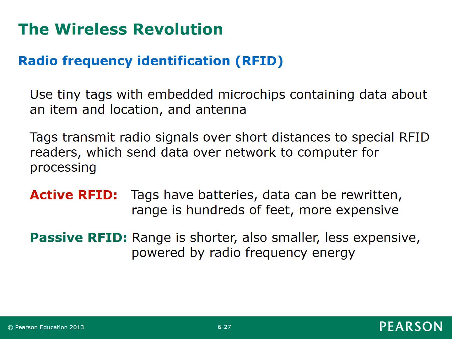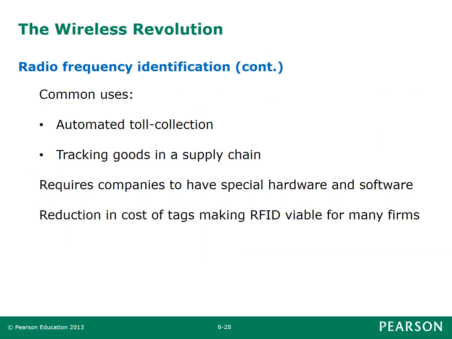Active tags have their own power supply to achieve greater ranges, but these are associated with higher costs. RFID supports and automates many business processes, like toll collection, tracking deliveries in supply chains and logistics, warehouse management, and supporting replenishment in retail sectors like Walmart.